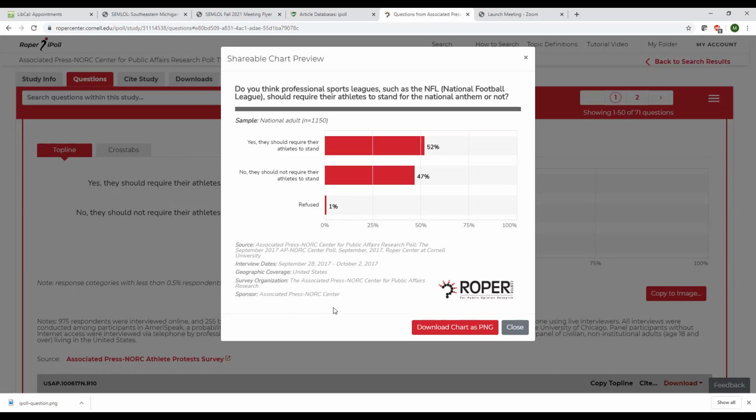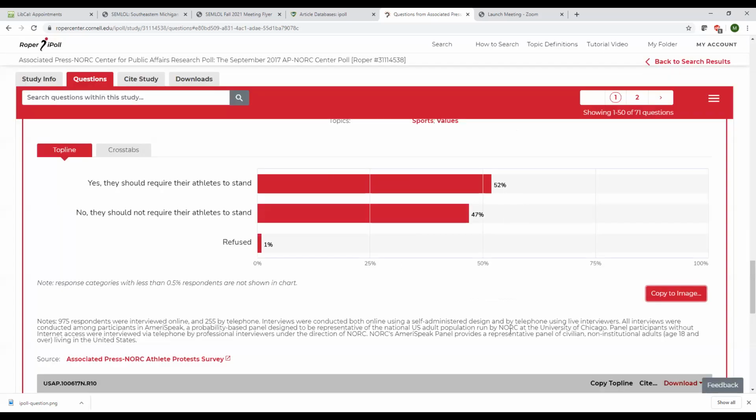That's something that I think can be very helpful. I hope that the pop-up that showed the copy to image is showing up. Yes, it is, Monique. Okay. So look how easy that was to add something like that into a paper.